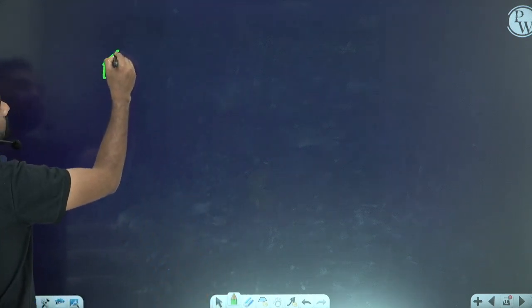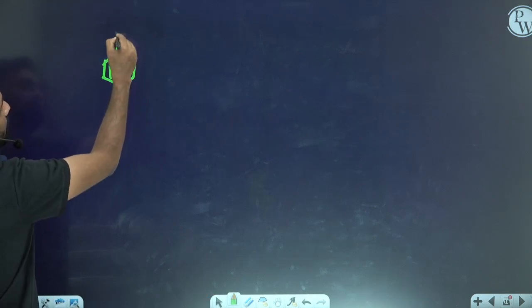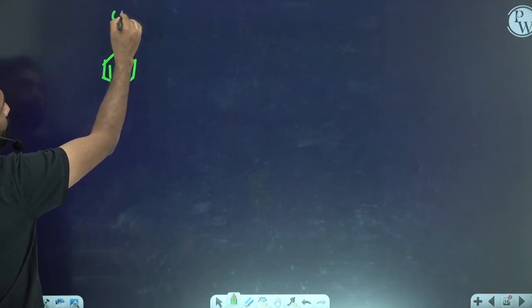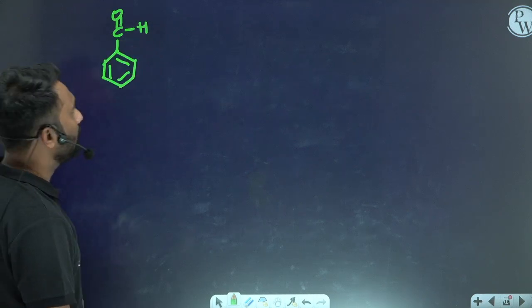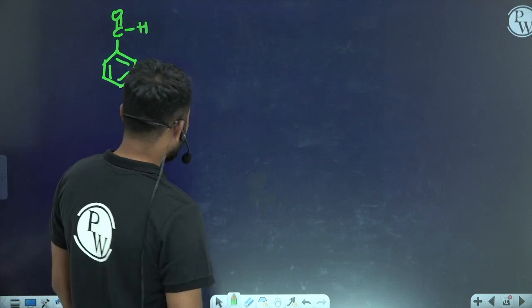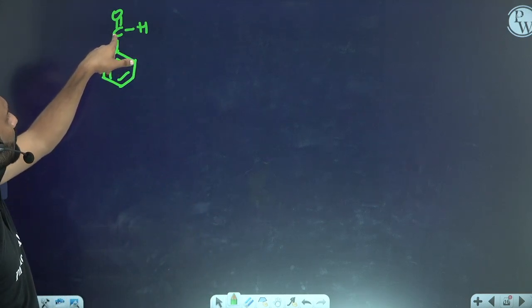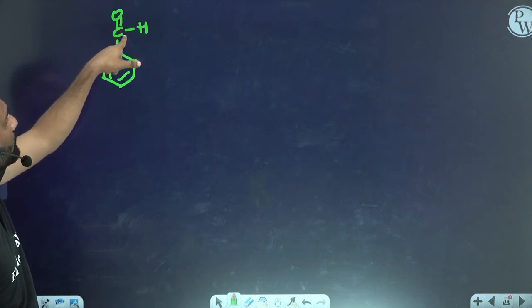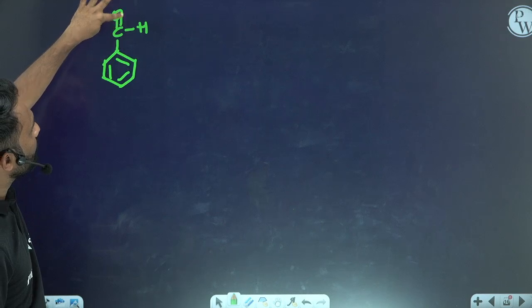Clear. If I take benzaldehyde, this is the benzene carbon. Does the carbon attached to the benzene have any lone pairs? Carbon valency is 4, it can form 4 bonds.